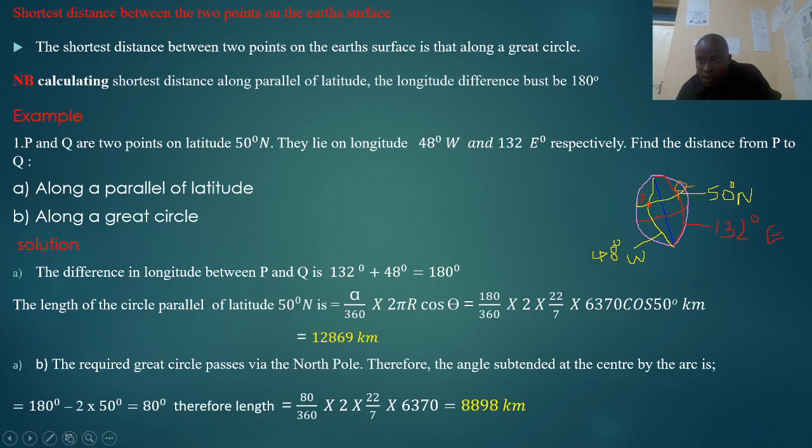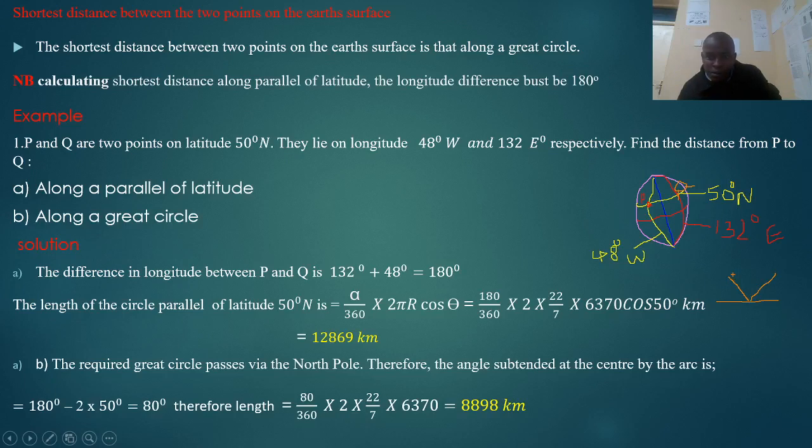If I have the center, remember the equator is here, that is the center is this point. If this is the equator, I have an angle that would be subtended at the center here.